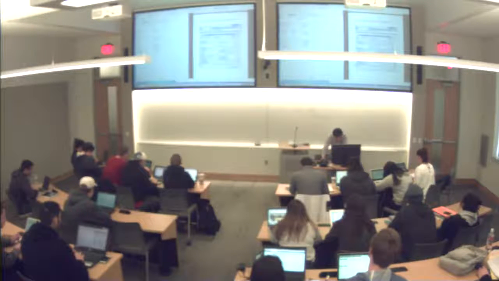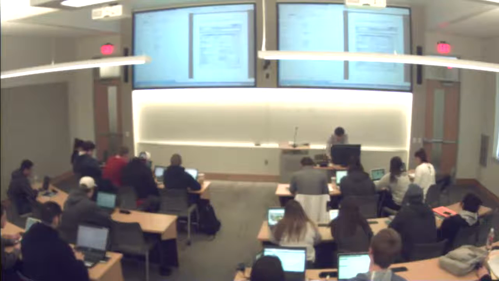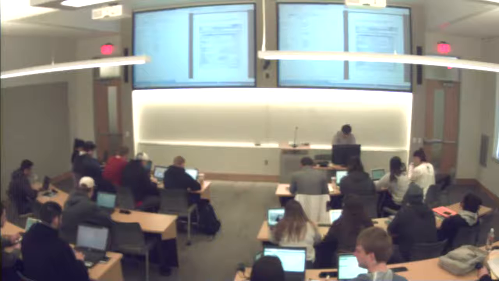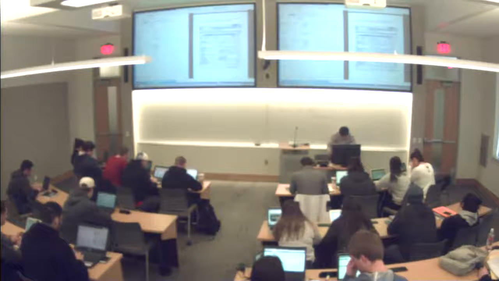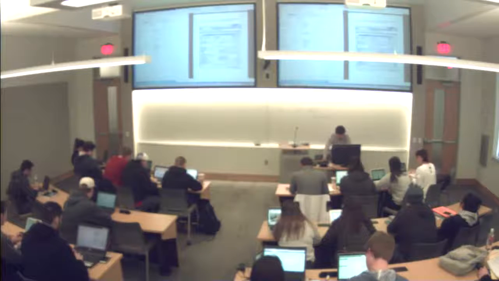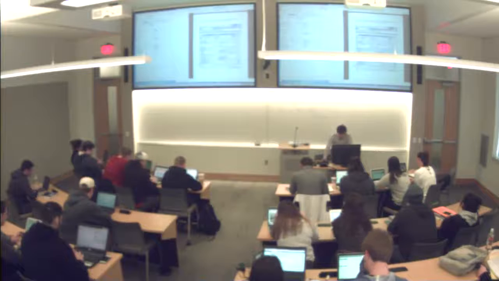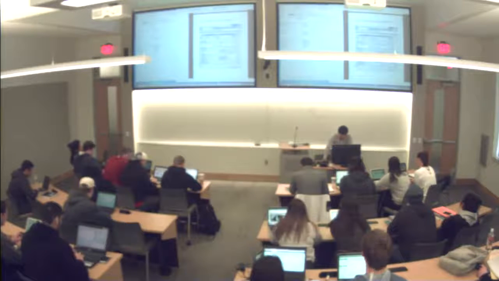MRP type M1. Planning fence is 1. Controller 000. Lot size, lot for lot, EX. And minimum lot size 10. And then we click on enter. Then we completed the MRP1 stage.